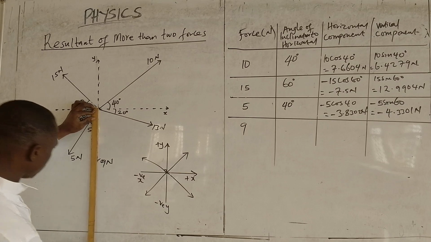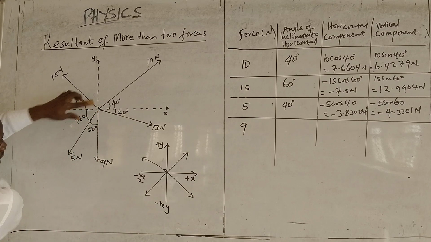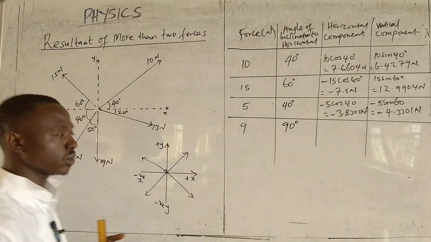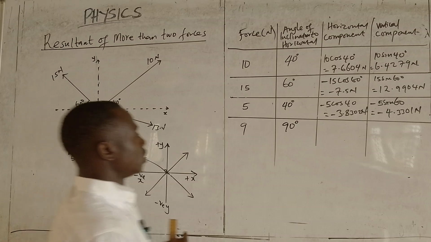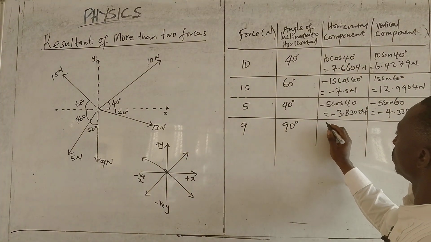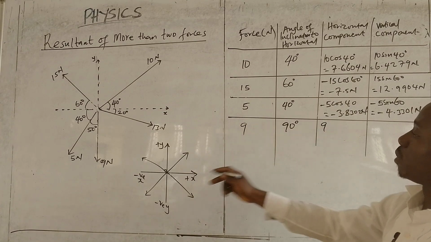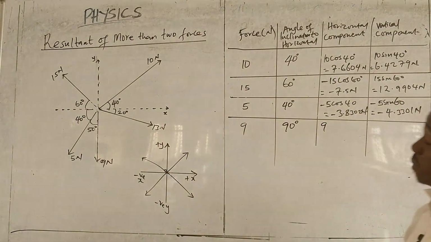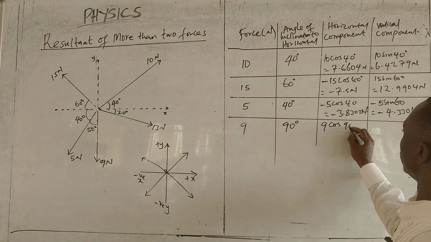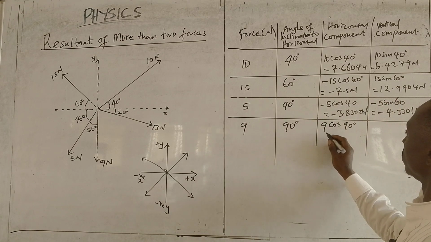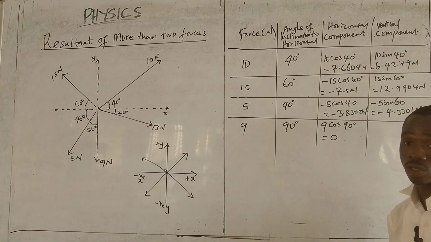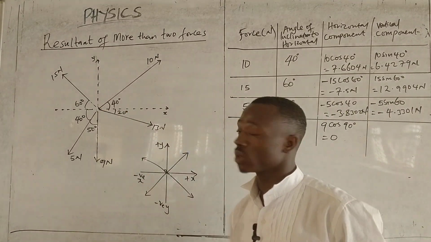Or you say from here to here, that's still 90 degree. Are you following? So what's now going to be the horizontal component? That's 9. Now, is it positive or negative? So it's neither going positive nor negative. 9 cos 90 degree. So just leave it as positive there. That's equal to 0.